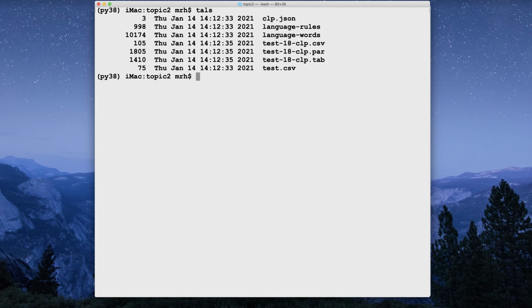The first one is the LS command. This sort of gives you an output that's quite similar to what a Windows directory or dir command would give you. And what this shows is the files that were created by the test.